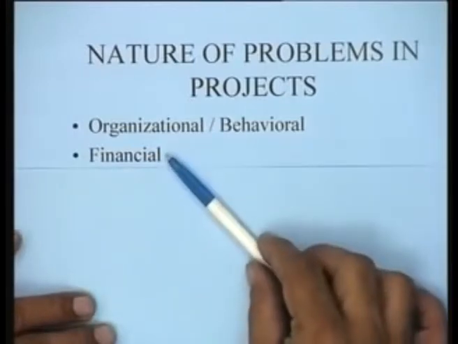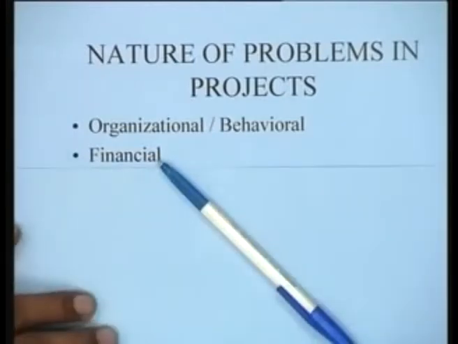Another range of problems in projects could be financial problems. These are very common problems. Typically, financial problems in a project are generally acute at the stage where the project is formulated, because at that stage the project manager has to fight for the budget, fight for the share of the project.